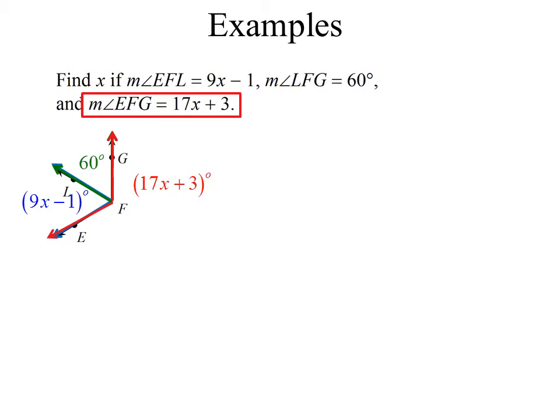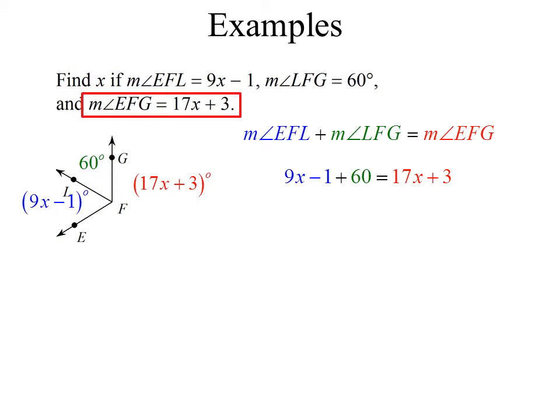Well, again, let's write down our angle addition postulate. We know that EFL plus the measurement of LFG has to equal the whole angle. If we substitute in what we know, even though there's x's in here, let's just do a direct substitution. 9x minus 1 plus 60 equals 17x plus 3.